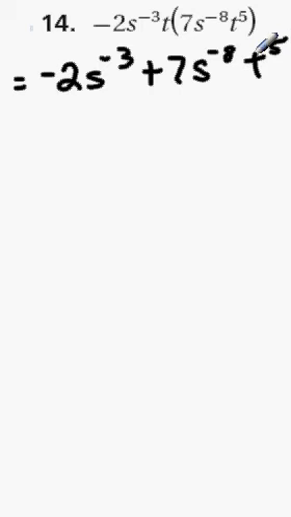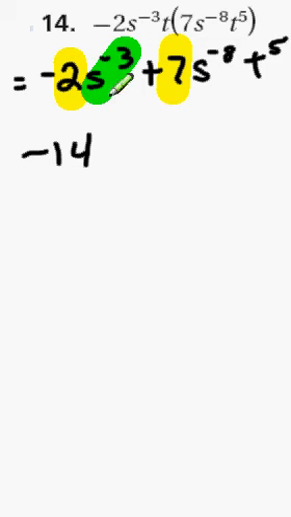Okay? So what we're going to do is we're first of all going to multiply the negative 2 times the 7 together. So that's going to give us negative 14. Okay? Now I'm going to multiply s to the minus 3 times s to the minus 8. So if I have two bases, in this case s and s, that are multiplying each other, I add the exponents.